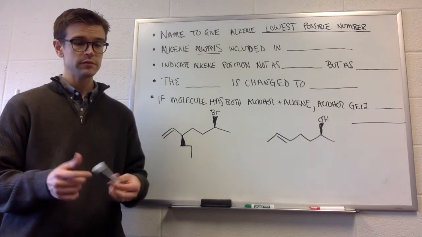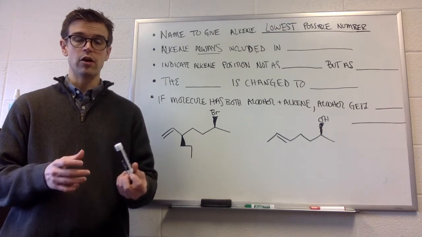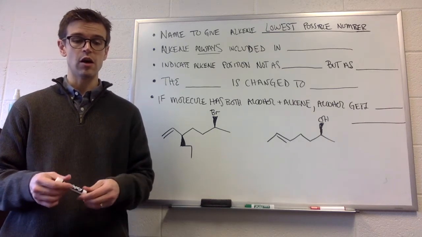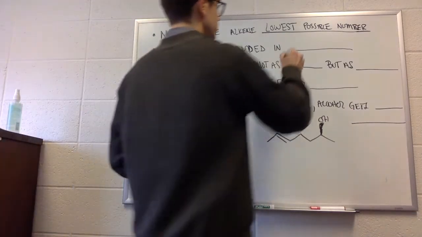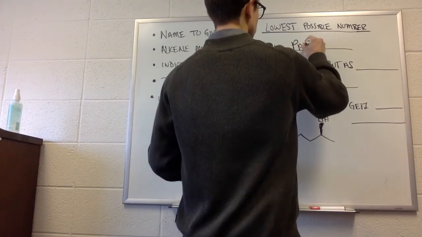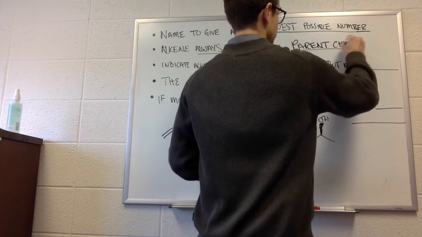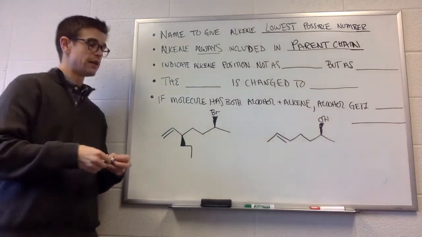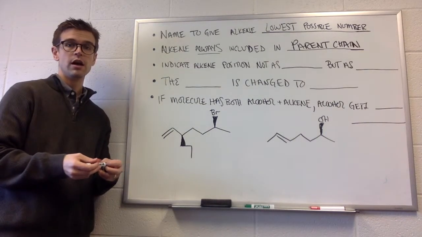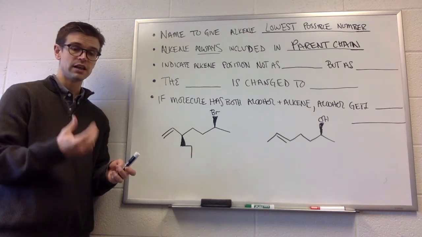And another thing that's similar to alcohol naming is that the alkene always is included in the parent chain. So even if there's a longer chain of carbons that don't include the alkene, we take the shorter chain that does include the alkene.